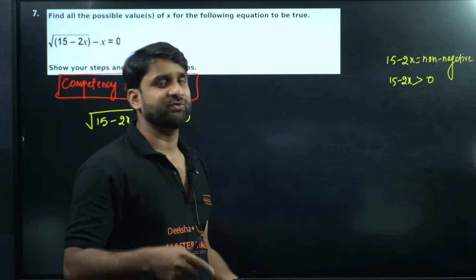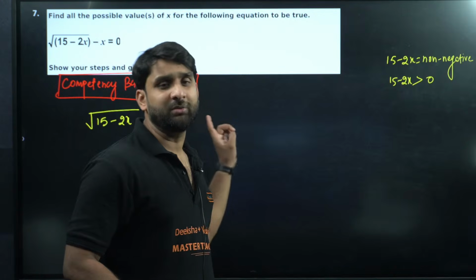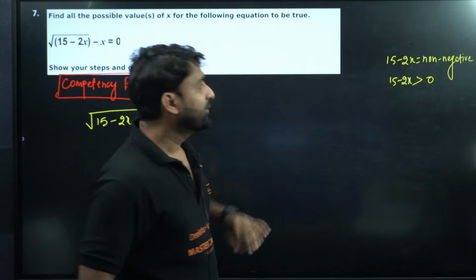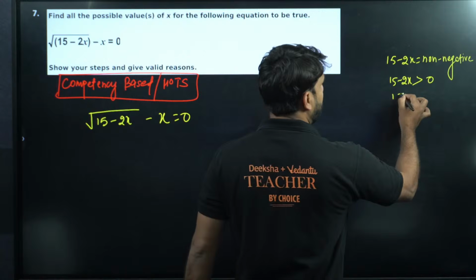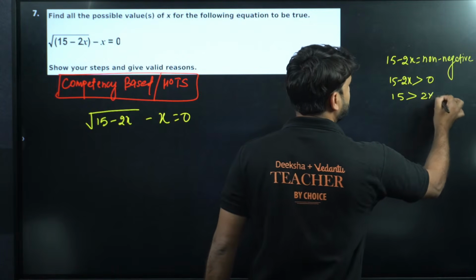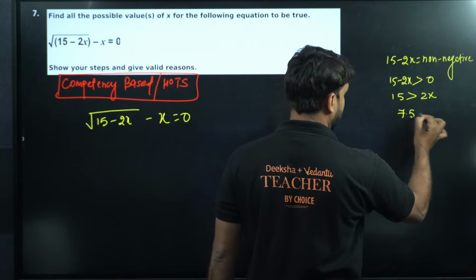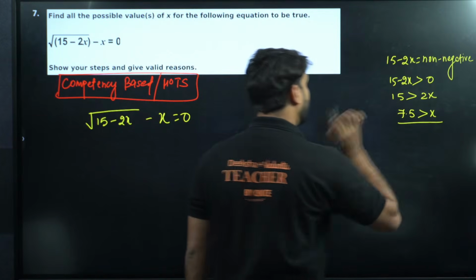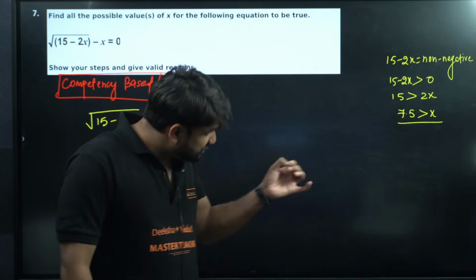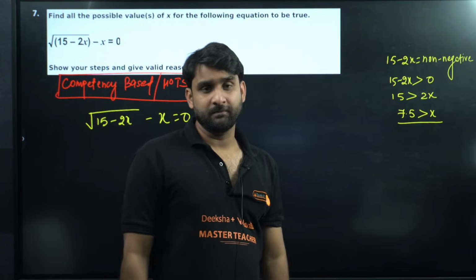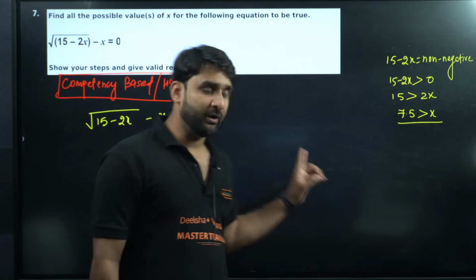That is a complex situation, which is imaginary. So 15 will be greater than 2x, so we can write x will be less than 7.5. I hope this is clear to you all. X must be within this bound according to this question.